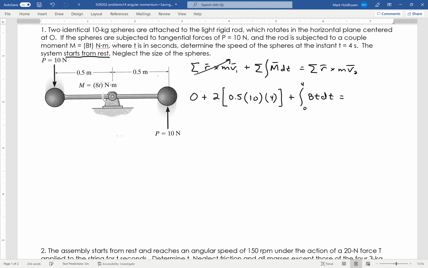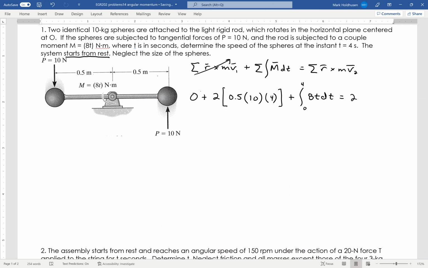Well, again, the only momentum that I have is basically the two balls. We're assuming that the rod is essentially massless. So I've got two of those balls, they each have a mass of 10 kilograms.